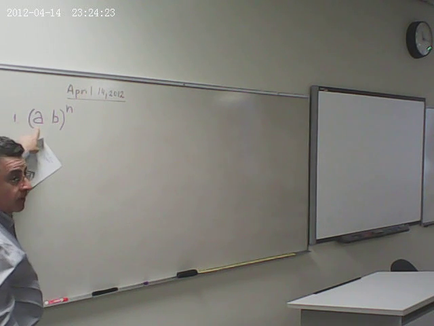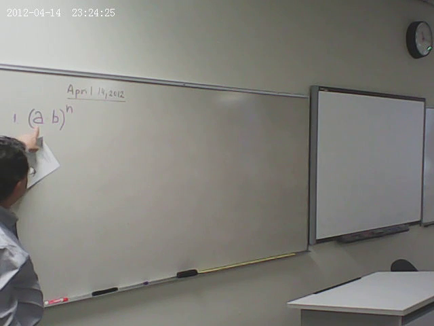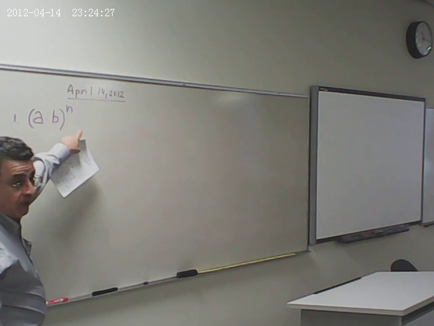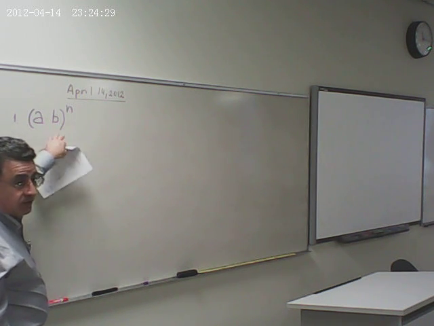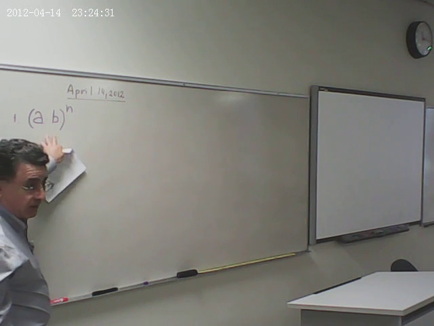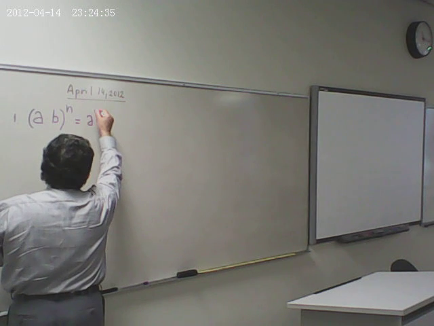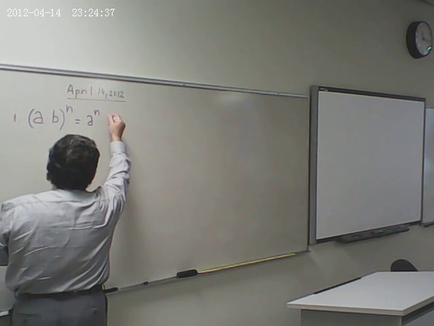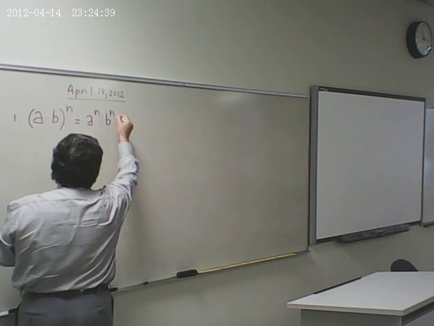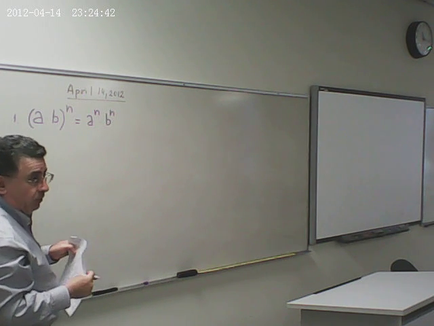So according to this rule, you have to raise to the power of n each factor. Since we have here two factors, right? So that means we have to raise the first factor to the power of n as well as the second factor to the power of n.